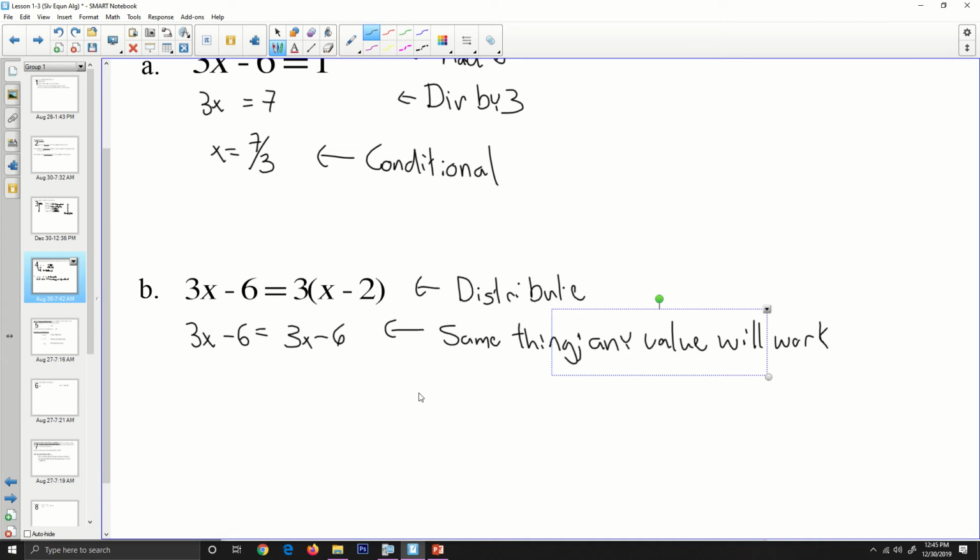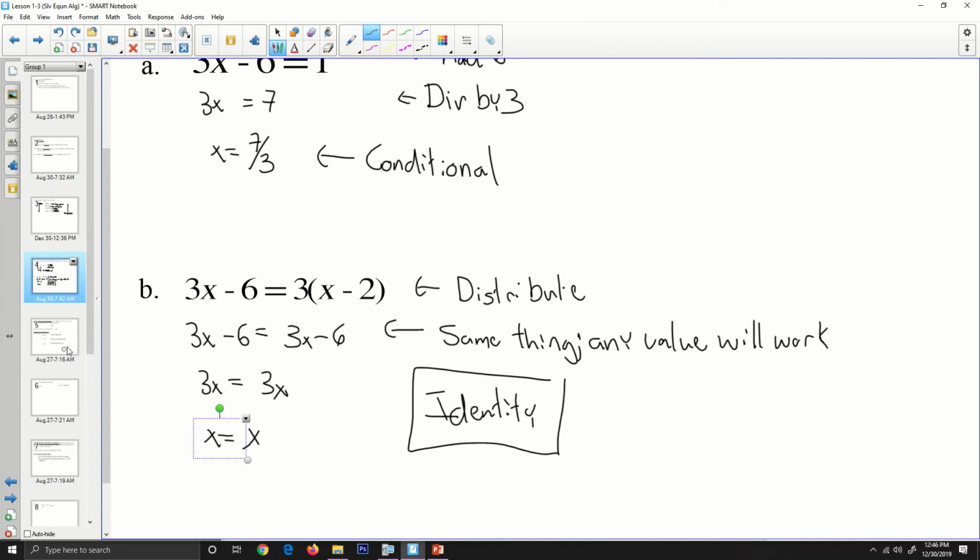This is going to be an identity. And we could solve this. I could add 6 to both sides, that would give me 3x equaling 3x. If I divide both sides by 3, I get x equaling x. So any number that you plug in for x will equal itself. This is an identity.